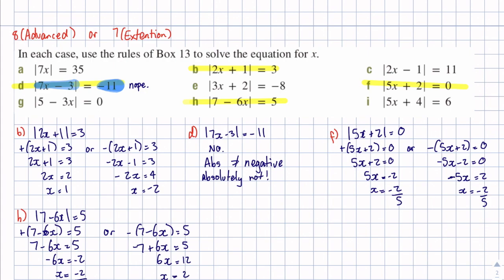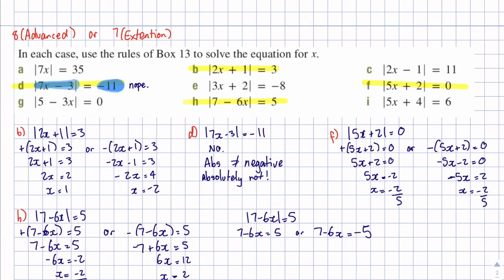Now, another way of doing that same question, and it's probably a much simpler way, but people tend to forget it, is if you've got the absolute value of 7 take 6x equals 5, then you could say 7 take 6x equals positive 5, or 7 take 6x equals negative 5. This is just another way of doing the exact same thing.